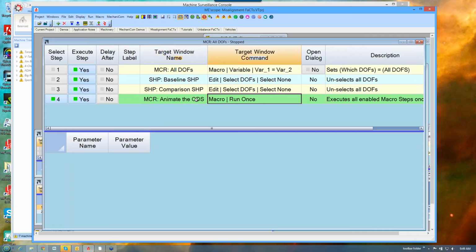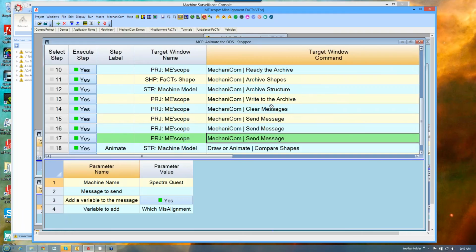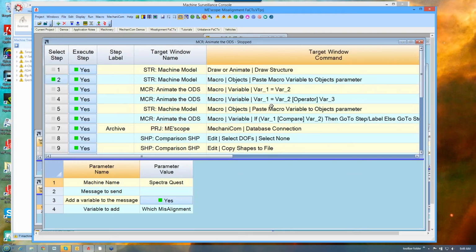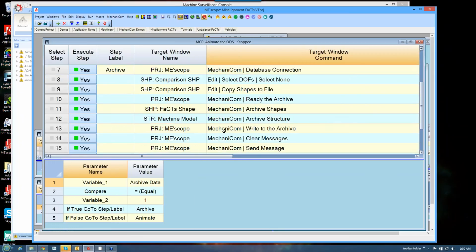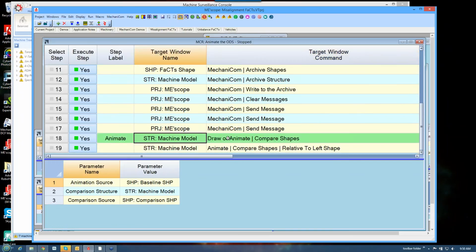This command here is going to run the macro, animate the ODS, and that's the one that we just looked at. So it's going to come in here and animate, here's animate ODS, and when it gets down here to checking, am I archiving or not, it's going to say, no, I'm not archiving, come down here and start the comparison animation.